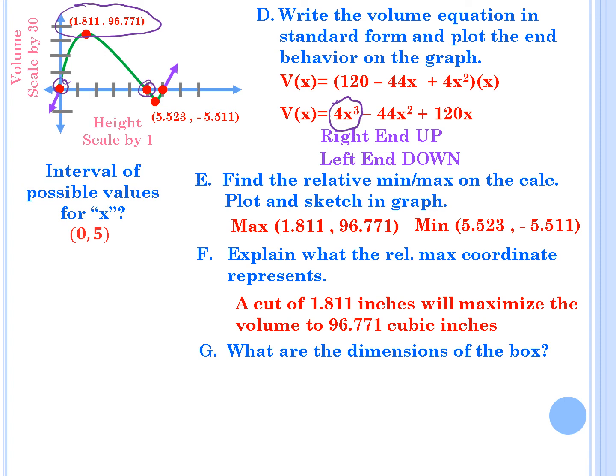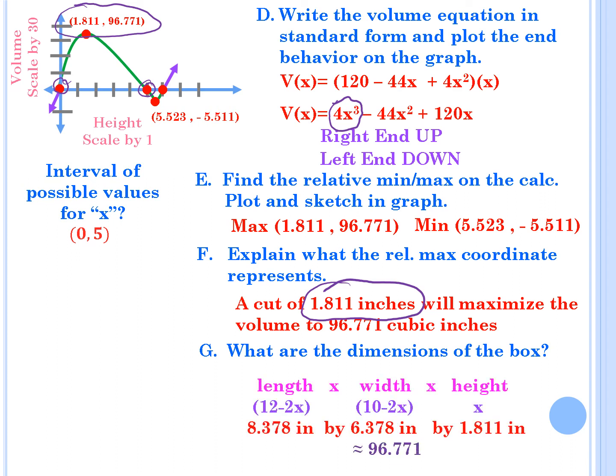So what are the dimensions of the box? Well, remember the x represents not only the height of the box, but also what you're cutting off each side. So I am cutting off 1.811 inches from each end. So remember, length, width, height. My length is 12 minus 2x.